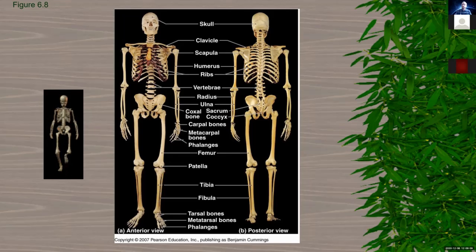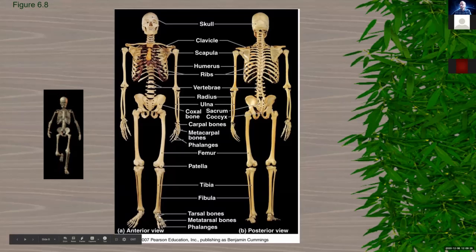So between the tibia and the fibula, you can actually feel the tibia if you just take your finger and put it right on your shin. You can feel the side of the tibia right there. It's a pretty big, long bone that continues down to the foot. These small little bones in the foot are very much like the small bones in the hand, which we call the carpal bones.